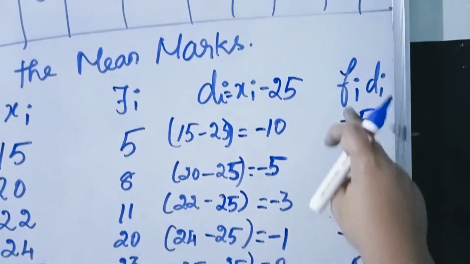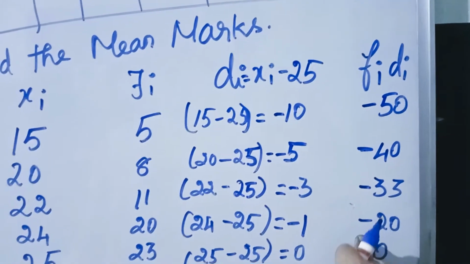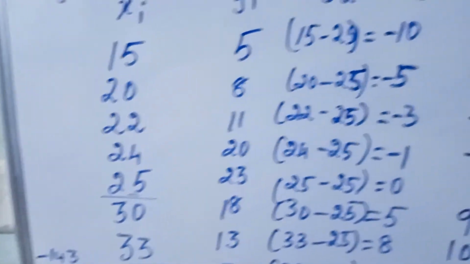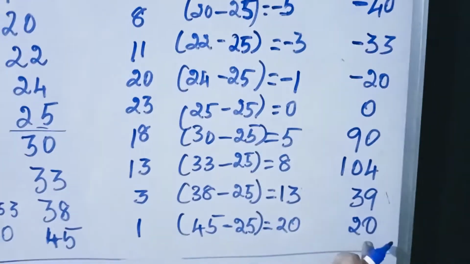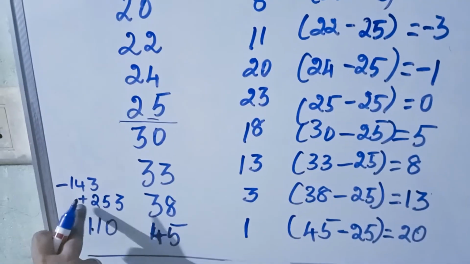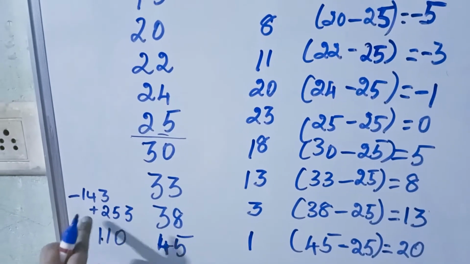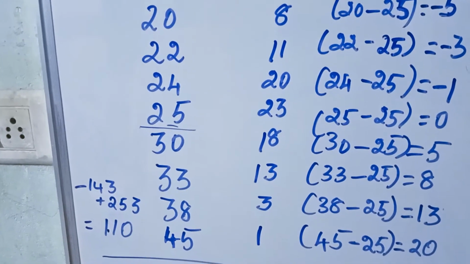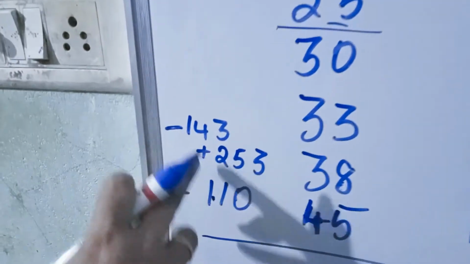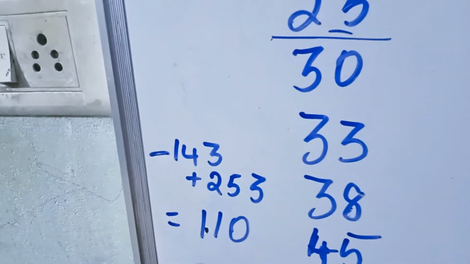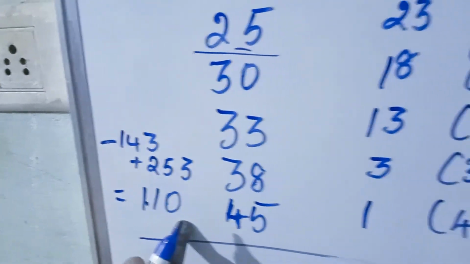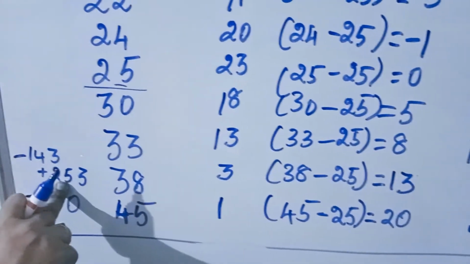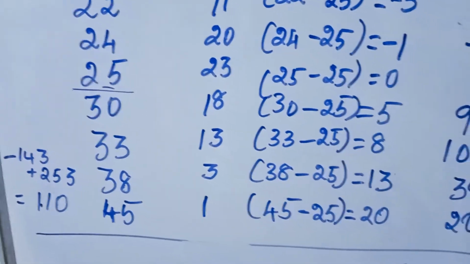If you add these minus values, the answer is minus 143. Now add the plus values. The answer is 253. So plus and minus are there. Different signs means we have to subtract, that you know. 253 minus 143 is equal to 110. We put the bigger number's sign, that is 253's, so 110 is the answer.